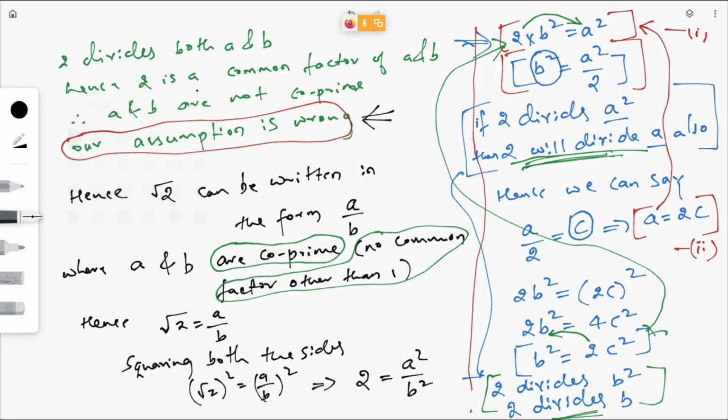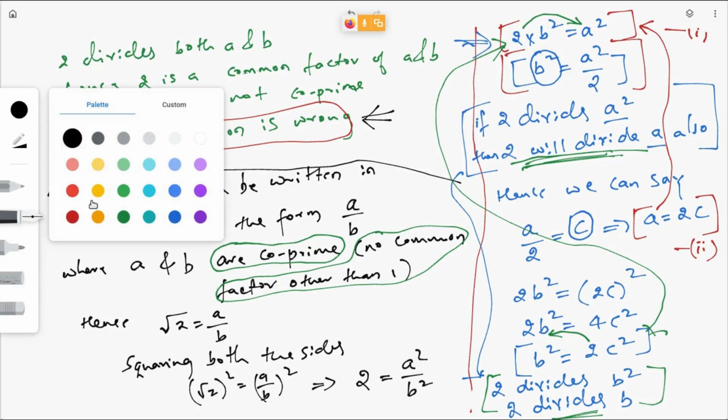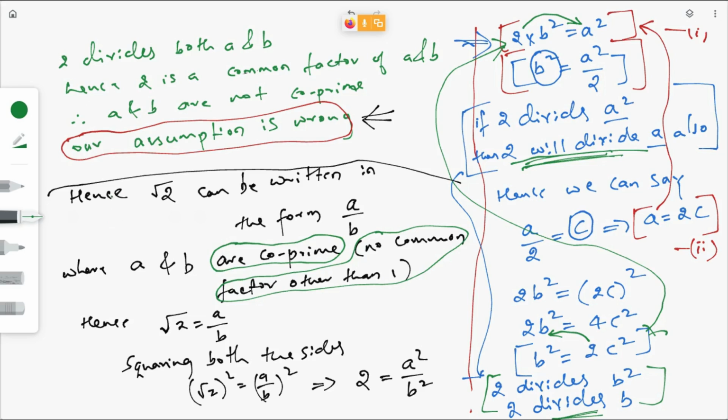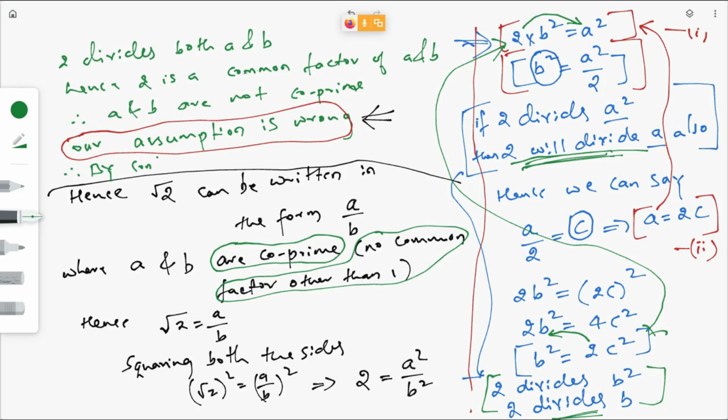So you need to conclude that our assumption is wrong. By contradiction, root 2 is irrational.